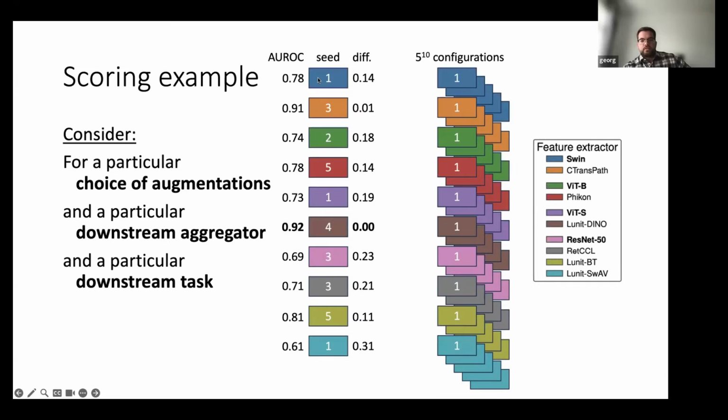And in total, you can arrange these different seeds in 5 to the power of 10 different configurations. And you then get 5 to the power of 10 different values for the differences for every feature extractor. And then you just average across. So you would get all the values for the first feature extractor, and you just average across all those. And that would give you the score.